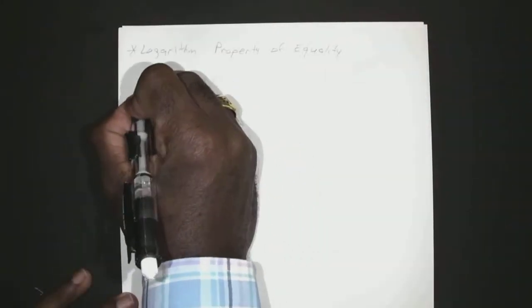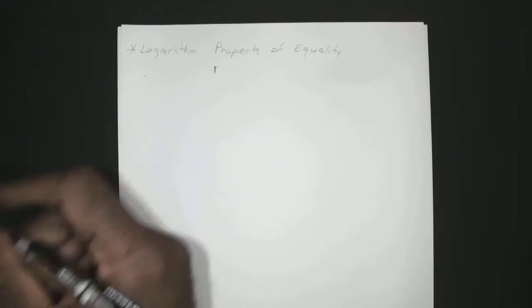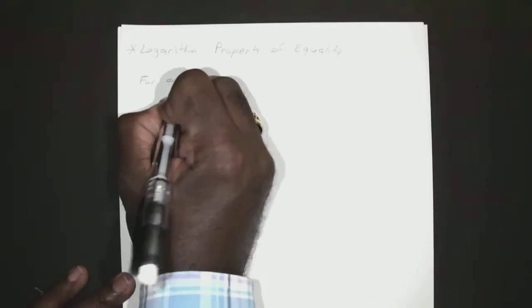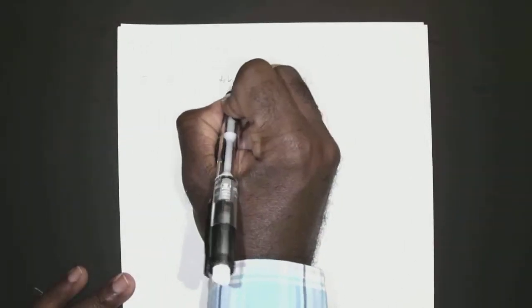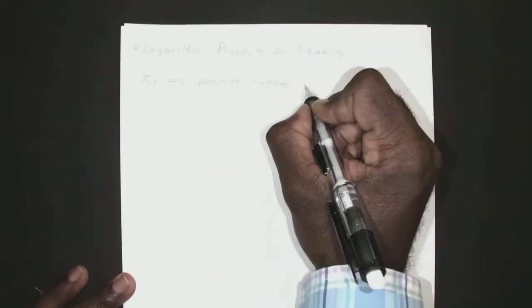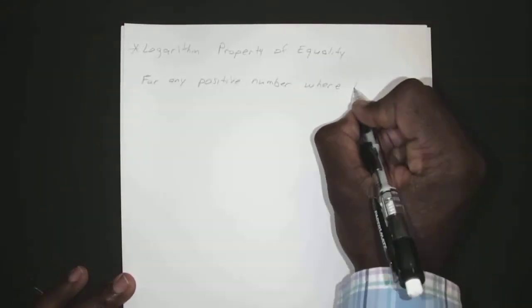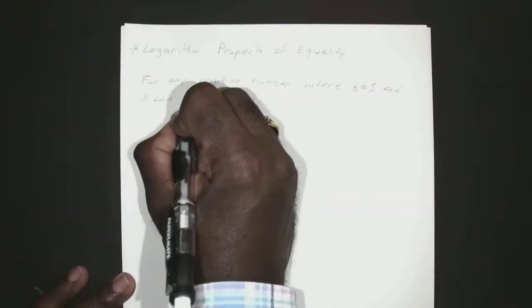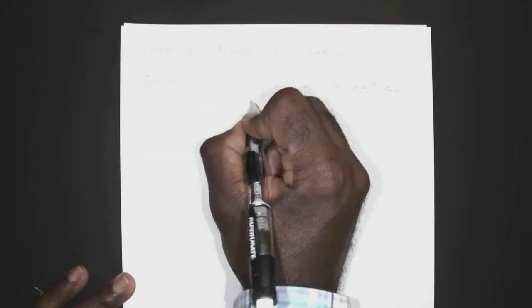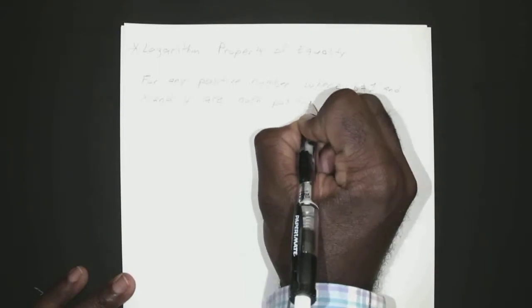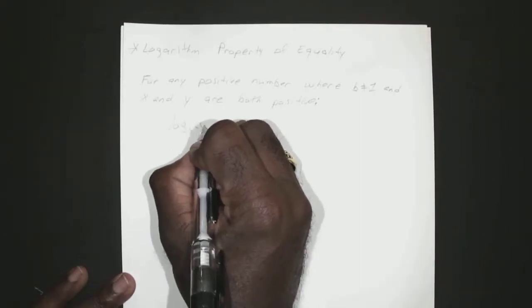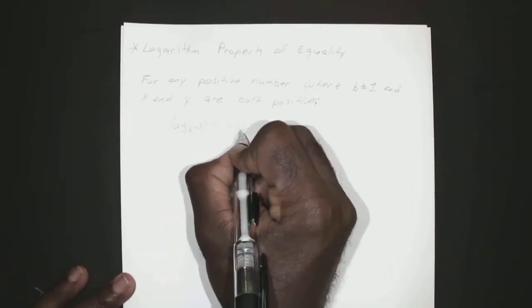So let's say for any positive number b, where b doesn't equal 1, and x and y are both positive, say log base b of x equals log base b of y.